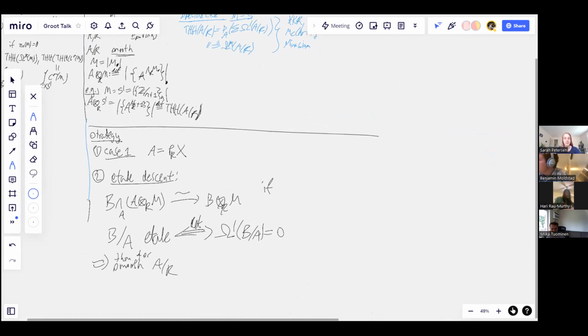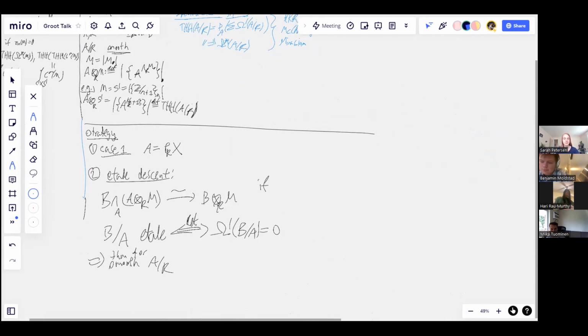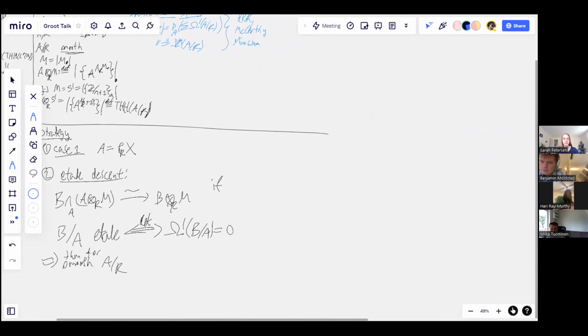Cool. Before I go on further, I wanted to ask if everyone's okay with this tensor product construction over here, this fact about these tensor products descending.